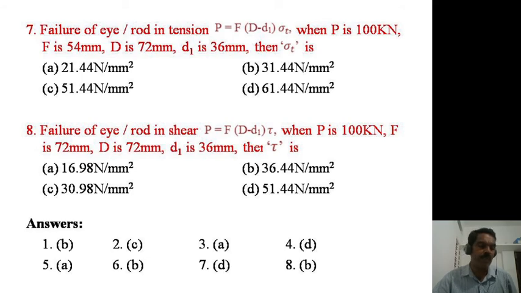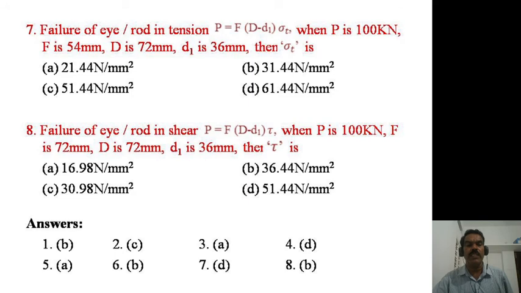Finally you will get sigma T. So what is the right answer? Let us see here. 21.4, no, it is not right. It is not the right answer. It is also not the right answer. This is also not the right answer. I think this is the right answer, that is D, the fourth option, 61.44 Newton per mm square. This is the right answer for the question number 7.